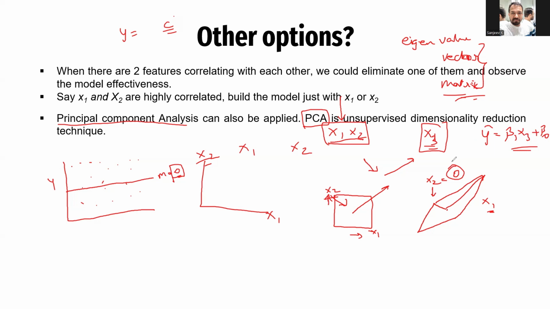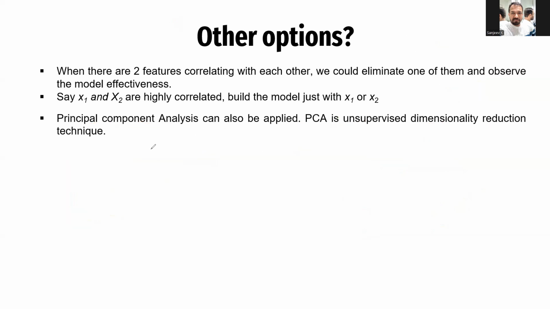Of course, we'll have a session on this, but for now, just keep in mind that when we have more features, there is a possibility of multicollinearity amongst the independent features. And when there is multicollinearity, we have to go with VIF or PCA, or just randomly delete one of the features and try to build a model. Okay.